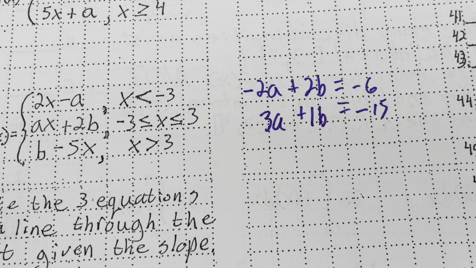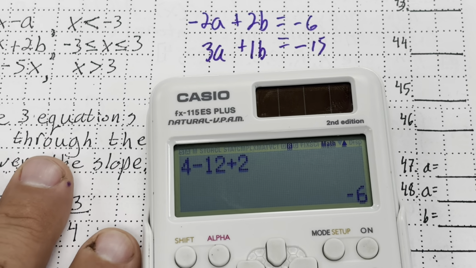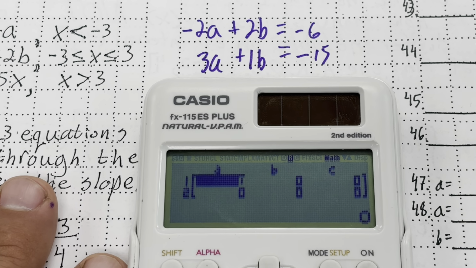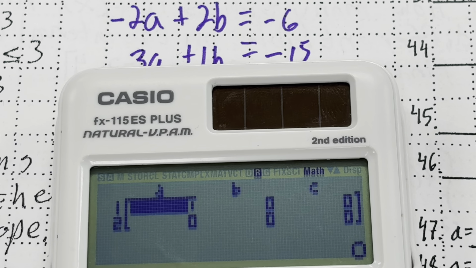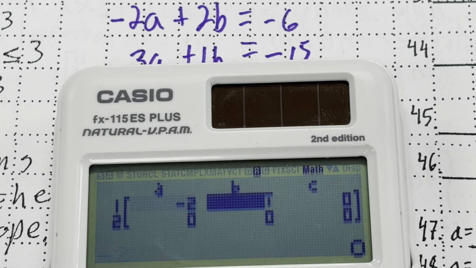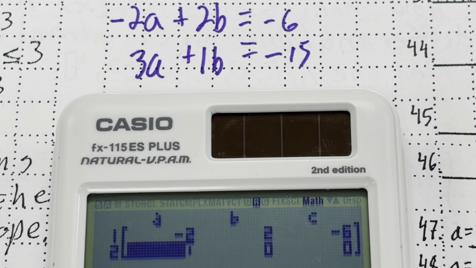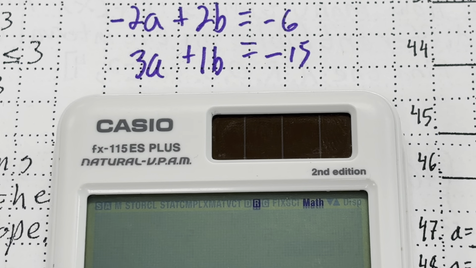And now we're going to use the technology to solve that. We can solve that by hand if we wanted to, but I'm going to mode 5-1 it. Mode 5-1, and I'm going to replace those zeros with the coefficients. So negative 2, equals, 2, equals, negative 6, equals, 3, equals, 1, equals, negative 15, equals.